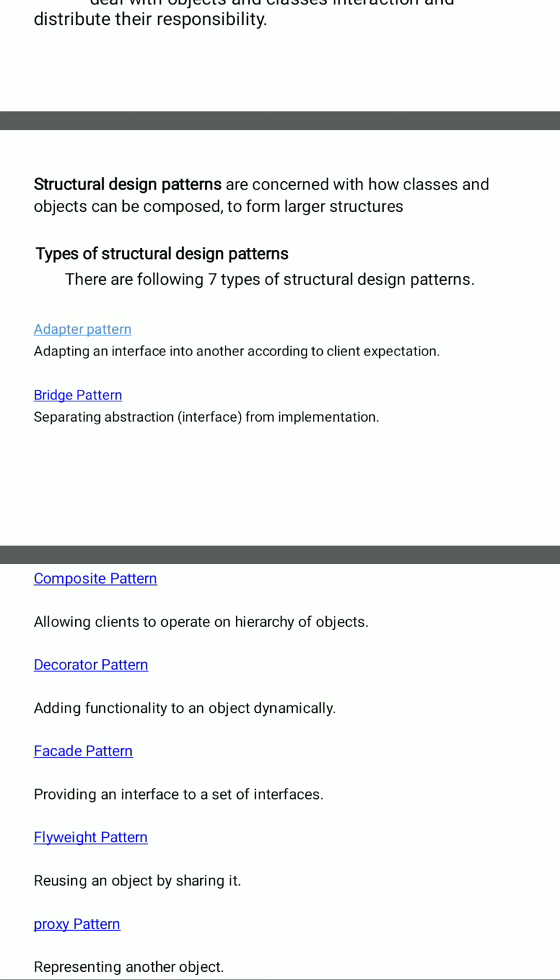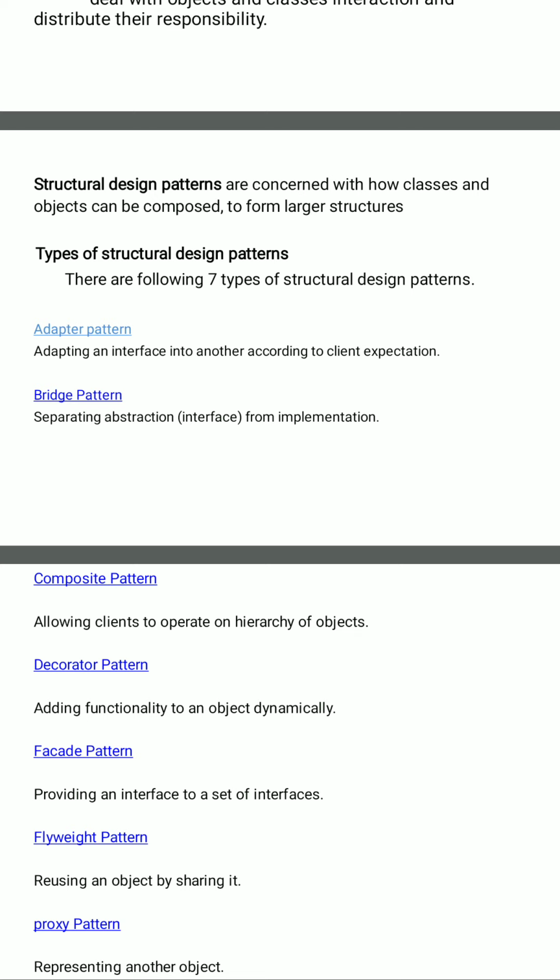This means attaching flexible additional responsibilities to an object dynamically. The decorator pattern uses composition instead of inheritance to extend the functionality of an object at runtime. The thing is that we are going to add responsibilities or properties or functions to the objects dynamically during runtime.